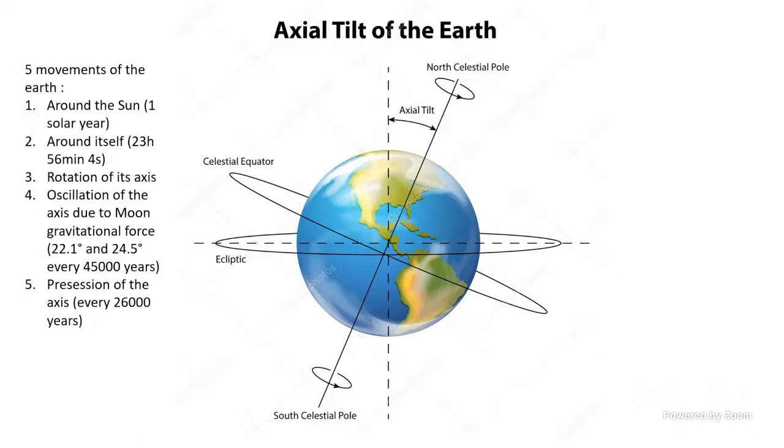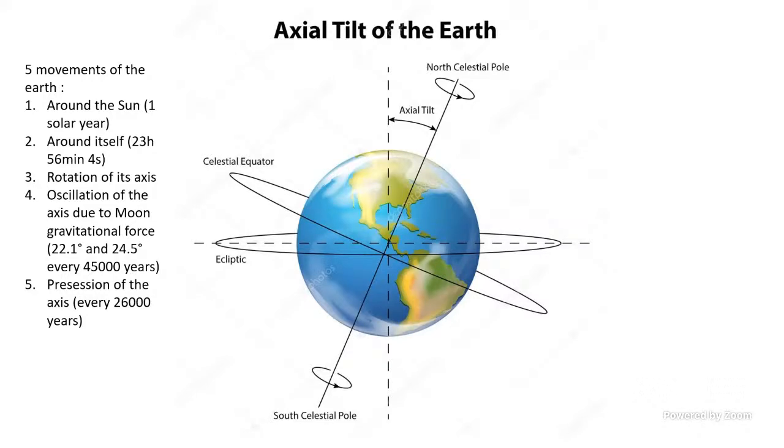Actually, there are four movements of Earth. Around the sun, which is 1 solar year; around itself, which is 23 hours, 56 minutes and 4 seconds; the rotation of its axis, which takes 26,000 years; and the oscillation of the axis due to the moon's gravitation.